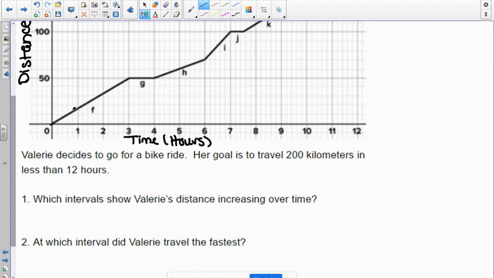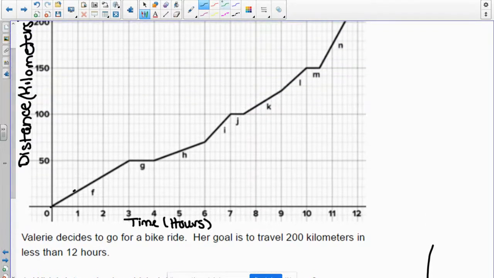So the first question is, what intervals does Valerie's distance increase over time? In other words, when is the graph increasing? I can say F here, because from 0 to 3 hours, she's increasing at a linear rate. G not, that is a flat line. H, she's increasing. I, she's going even faster. Notice it's steeper. J, she's resting again.